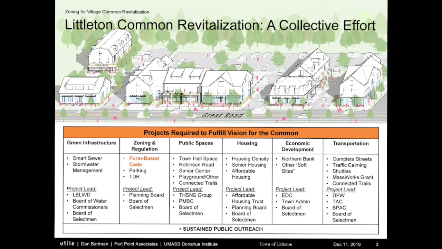center. This graphic shows that adopting form-based code, while an important part of defining what development the town is looking for and what it should look like and feel like, we have more work to do to address transportation, economic development, housing, public spaces, zoning, and green infrastructure, noting that green infrastructure includes sewer and stormwater management.